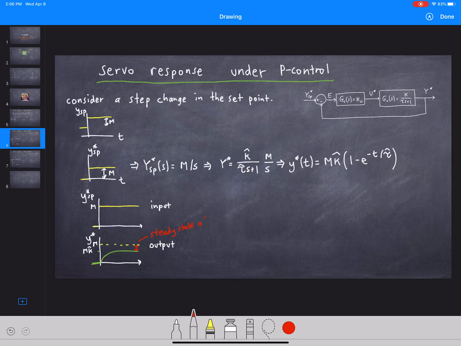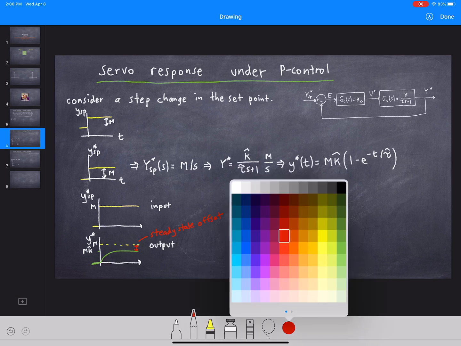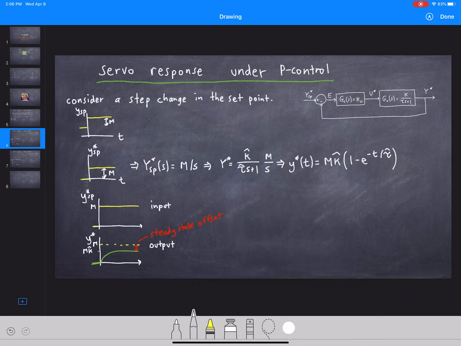So that is bad news. Very bad news. Okay, so I'll write that down. So there is steady state offset. So we desired y star to increase by m.